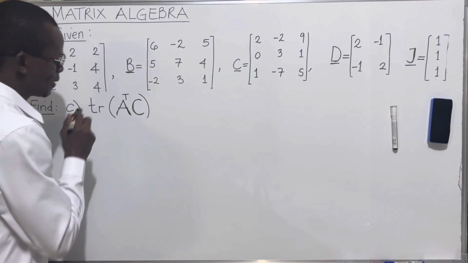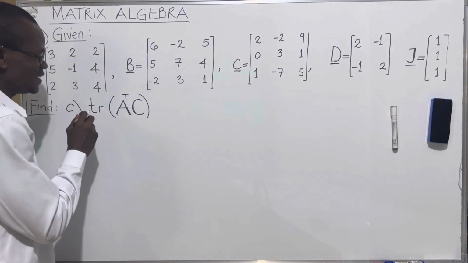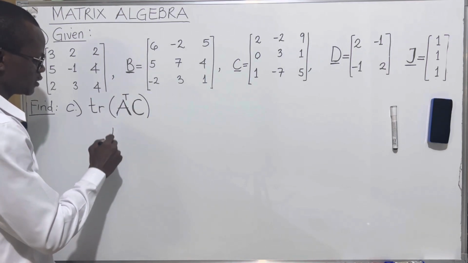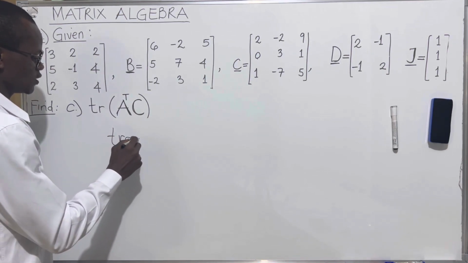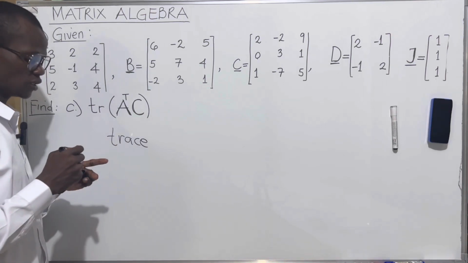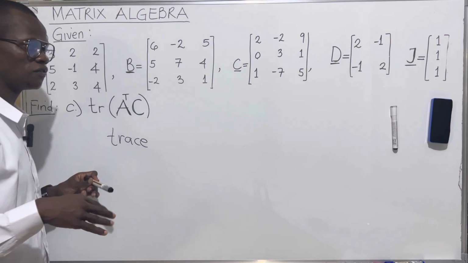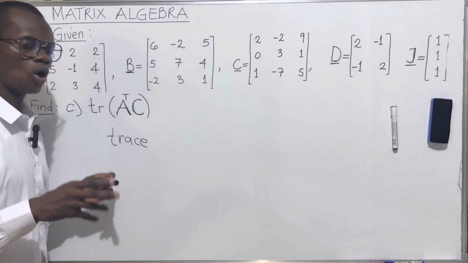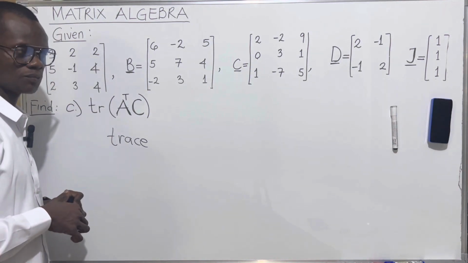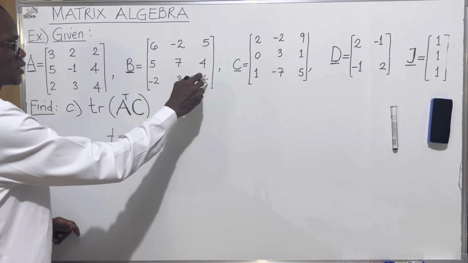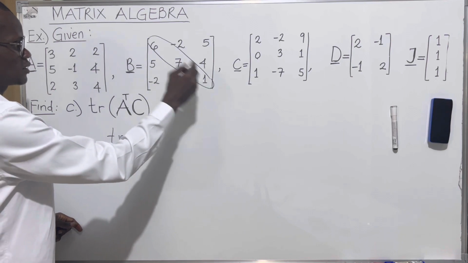So this problem says we must find the trace of matrix A transpose C. The trace of a matrix is just the sum of the diagonal of that matrix. For instance, this is a diagonal matrix.